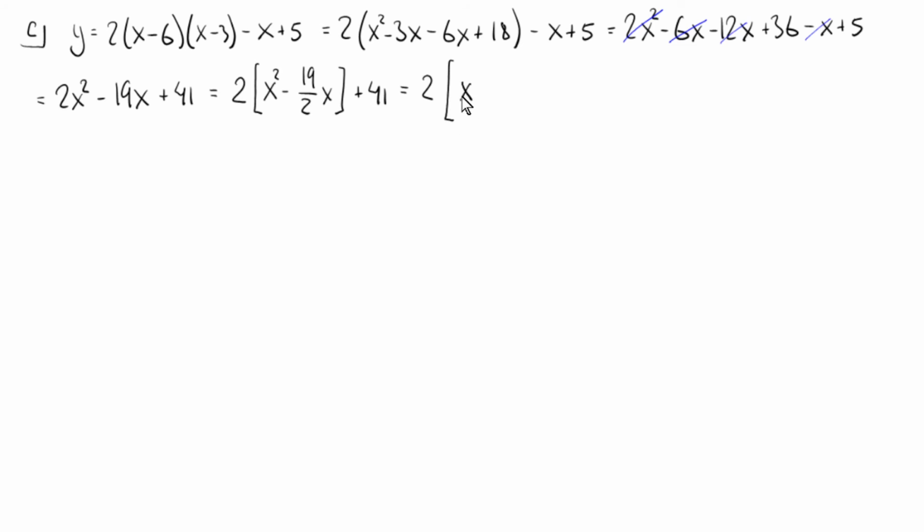Now we're dealing with a fraction here. We have -19 over 2. We want to divide it by 2 and square it. So 19 over 2 divided by 2 gives us 19 over 4. 19 over 4 is half of 19 over 2, squared. We add it and we subtract it.